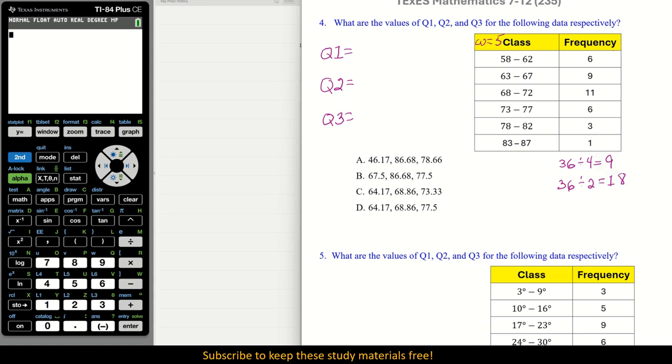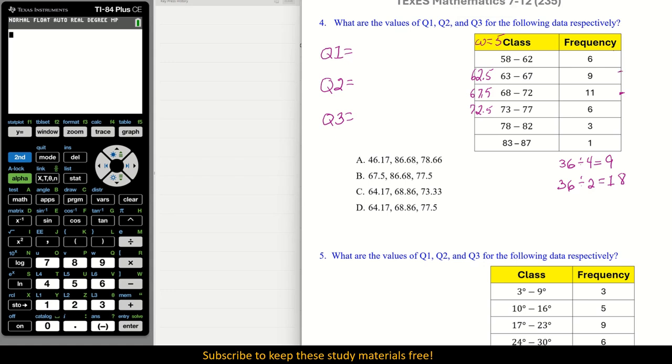So what do we have? For this first one, we have 62.5, and then the next one would be 67.5, and then 72.5. Okay? I know that here in the center, I will have my Q2.